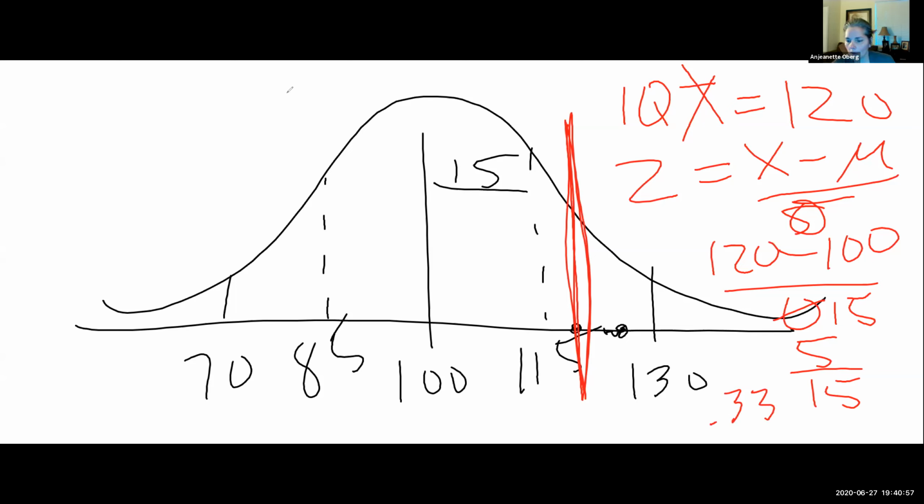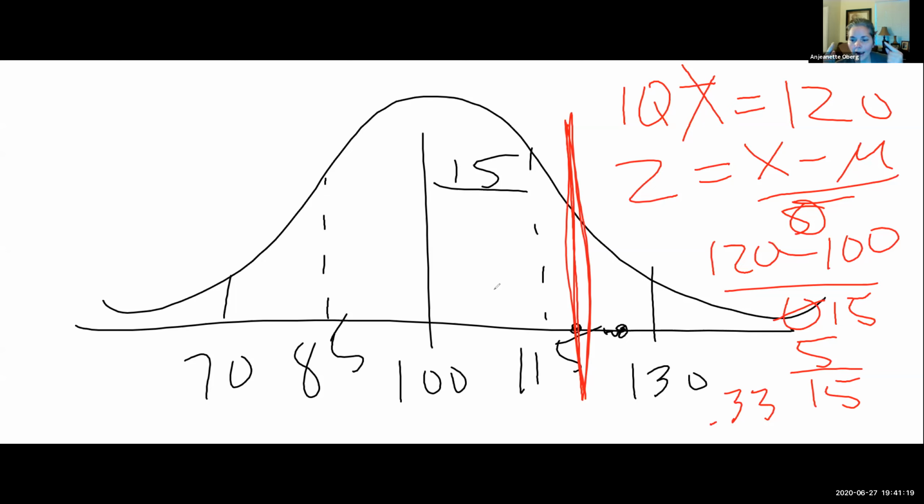And so we're looking at, okay, now I want you to know this isn't making sense to me, okay? Because I know that at 115, it's already a z-score of 1. So it's a 1.33? Something's not adding up, right? I'm doing something wrong.